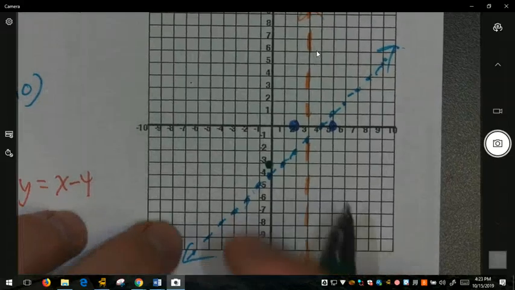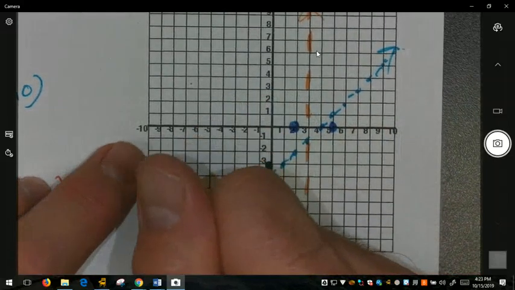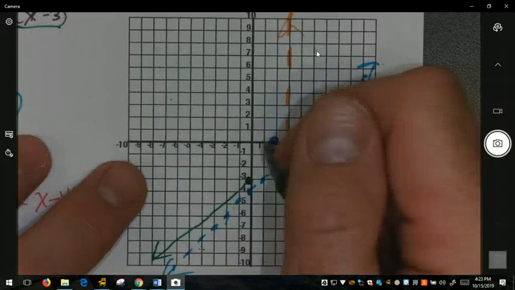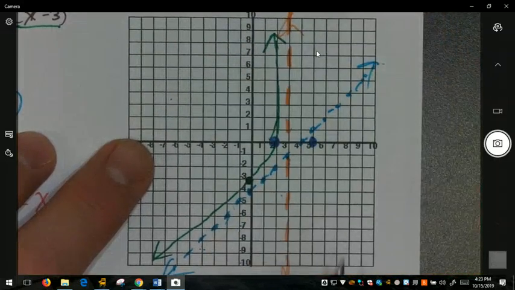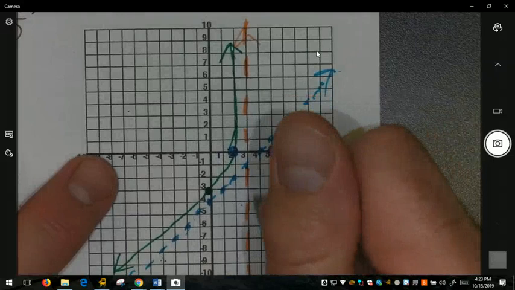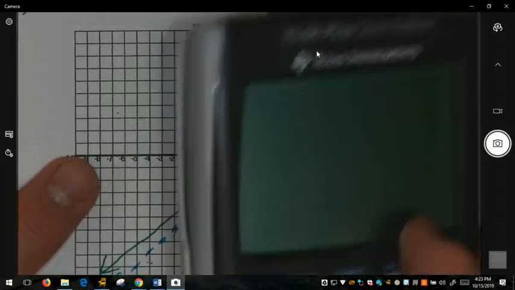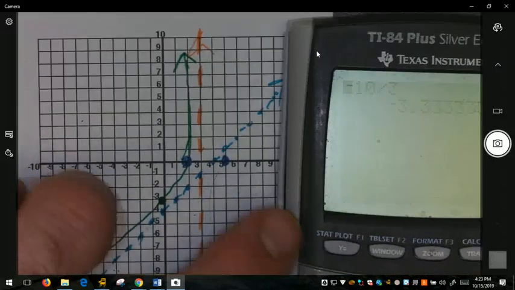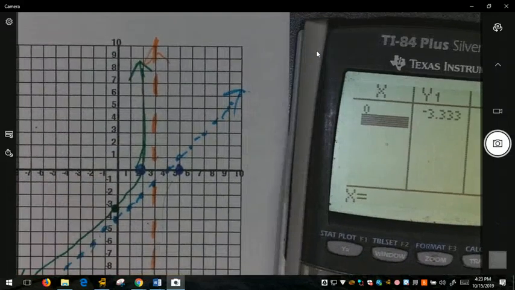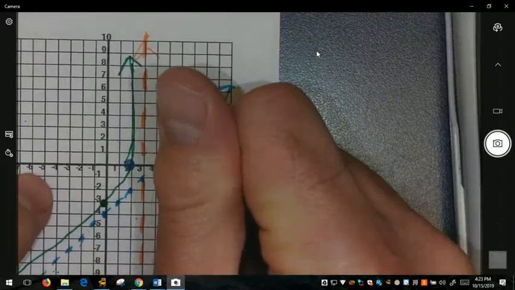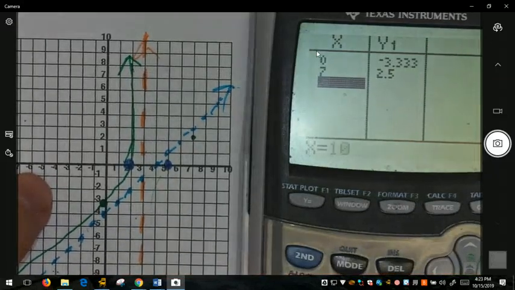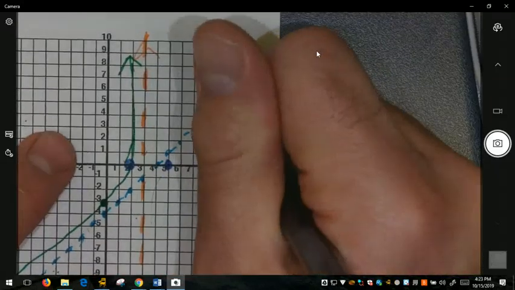What that tells me is that on my left side, it's coming down as I go to the left, approaching this, and as it goes up, it's going to approach this vertical asymptote. Over here, I have a feeling it's bound by those two, but we're going to look at it on the graph to find out, and we're going to plug some numbers into the table, like 7, which is 2.5. And we'll plug in 10, which is 5.7.